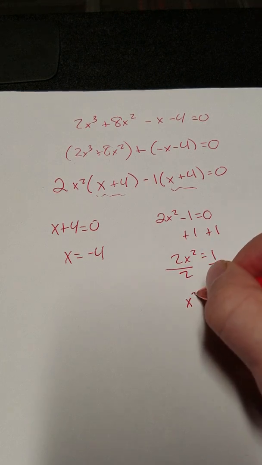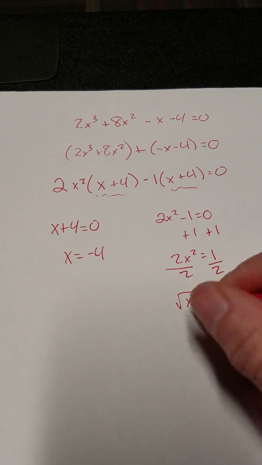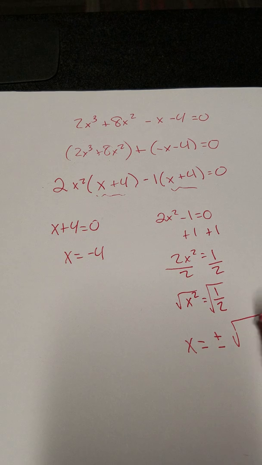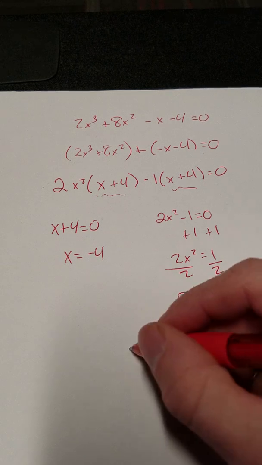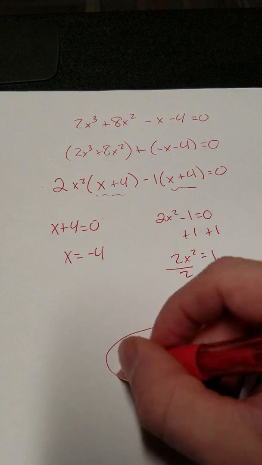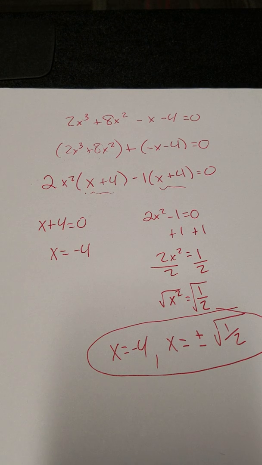Now we have x squared equals 1 over 2. Once you're at this stage, you got to think, how do I undo x squared? Well, we take the square root. So x equals plus or minus the square root of 1/2. So we have x equals negative 4, x equals plus or minus square root of 1/2. And those are our solutions.